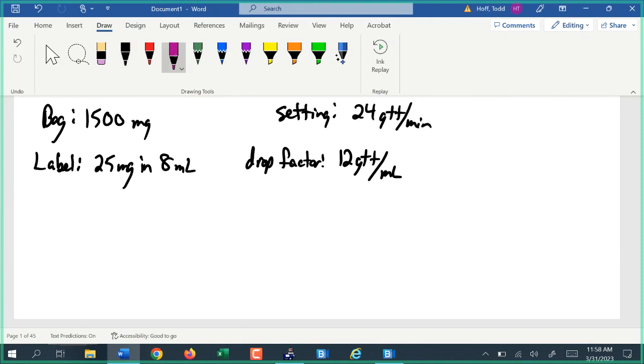drops per minute. So fine for me, you don't have to convert it into hours and minutes, but simply find the minutes it's going to take to infuse.